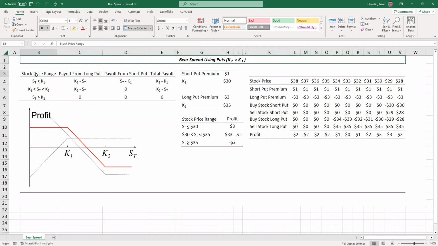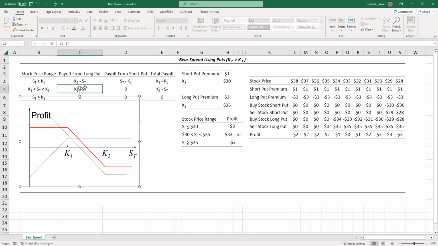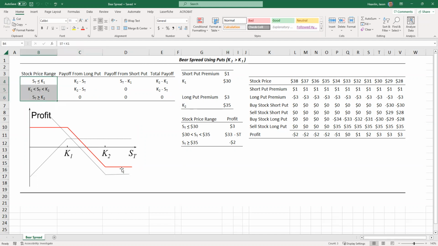What we have here on this table is the payoff that would happen in different scenarios, because there's a range in which the behavior of these two puts will play out the outcome. That's why you see how this red line is flat, then it goes down and then flat again. These three scenarios represent these three ranges: the range where it's flat, the range where it drops, and the range where it's flat again.